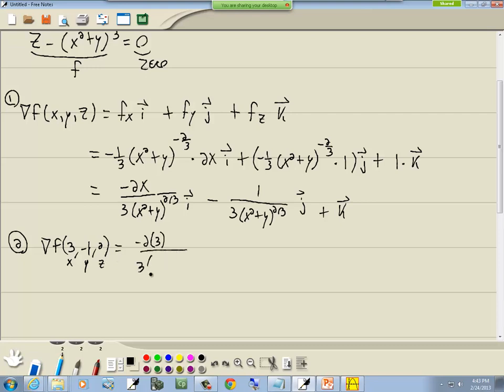Over 3 times x squared, so we'll have 3 squared plus negative 1, that's the y, to the 2/3, minus 1 over 3, and then 3 squared minus 1 to the 2/3, j, that's i, plus k.